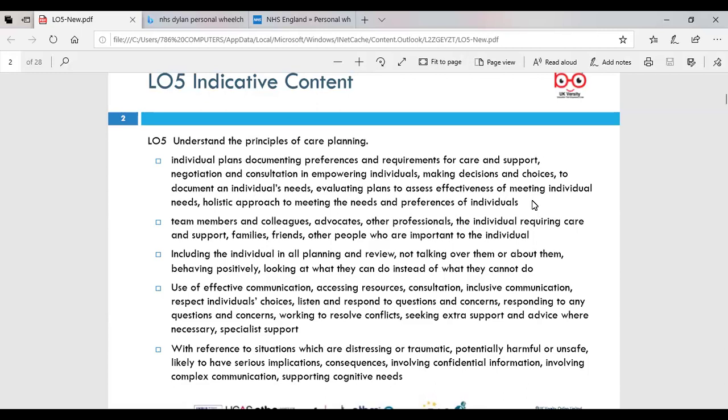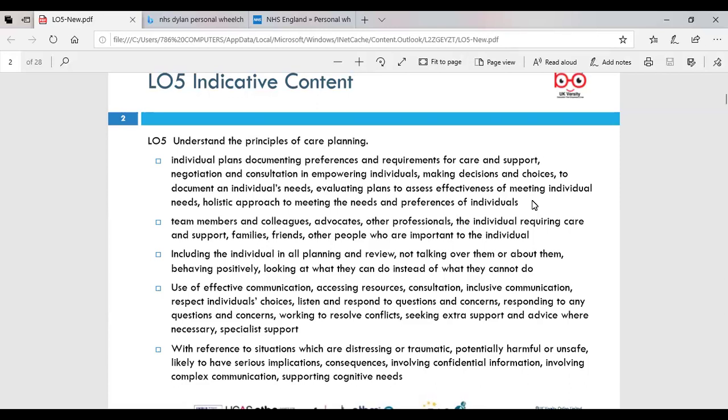You have team members and colleagues, different advocates, and other professionals. The individual requiring care and support, you have families, friends, and other people who are very important to that individual. Then you have other care planning principles. These include the individuals being involved in all planning and reviewing, and you're not talking over them or about them.